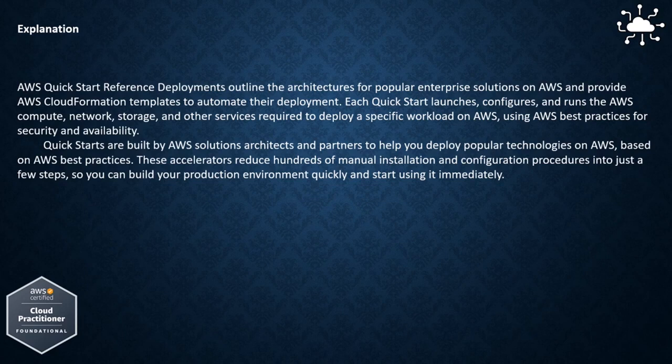Quick Starts are built by AWS solutions architects and partners to help you deploy popular technologies on AWS, based on AWS best practices. These accelerators reduce hundreds of manual installation and configuration procedures into just a few steps, so you can build your production environment quickly and start using it immediately.